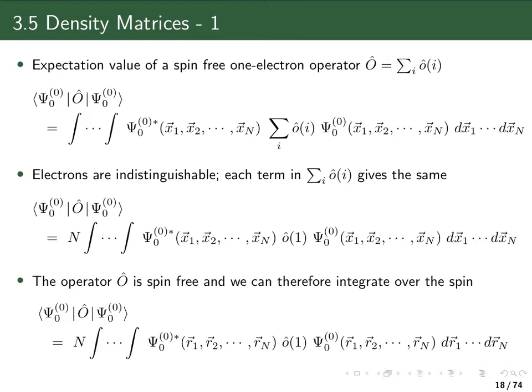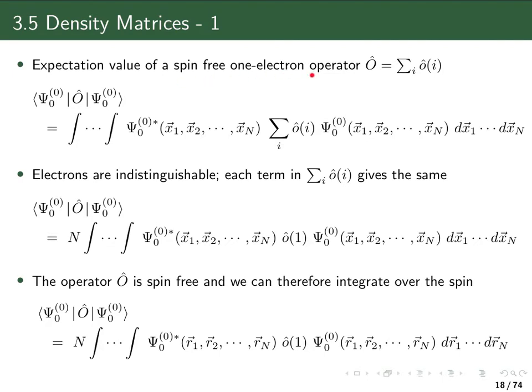Now, electrons are indistinguishable, and therefore each term in this summation, whether it's electron 1, 2, or 3, they all give the same result. And therefore, instead of summing over the n electrons, I might as well just look at the integral with the operator just for one electron, and for convenience I use electron 1, and then multiply the result by the number of electrons.